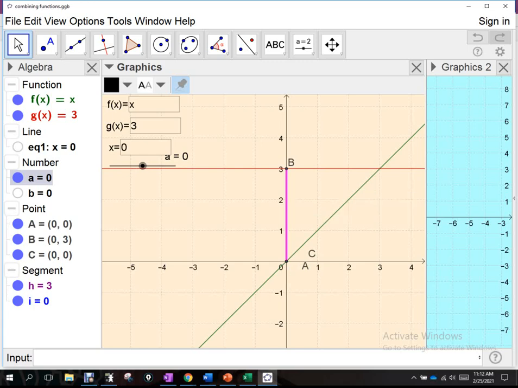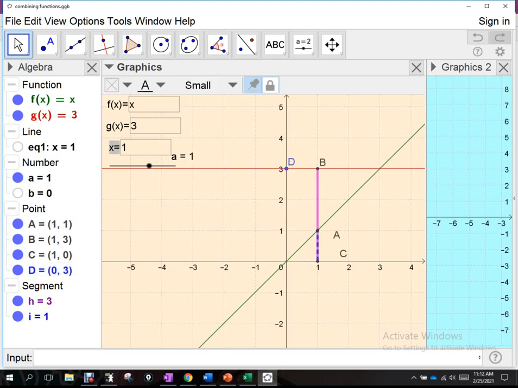If I add those together, what do I get? Yep, I get 3. So I'll plot the point 0, 3. When x was 0, the sum of those two distances became 3. Let's make x go to 1.